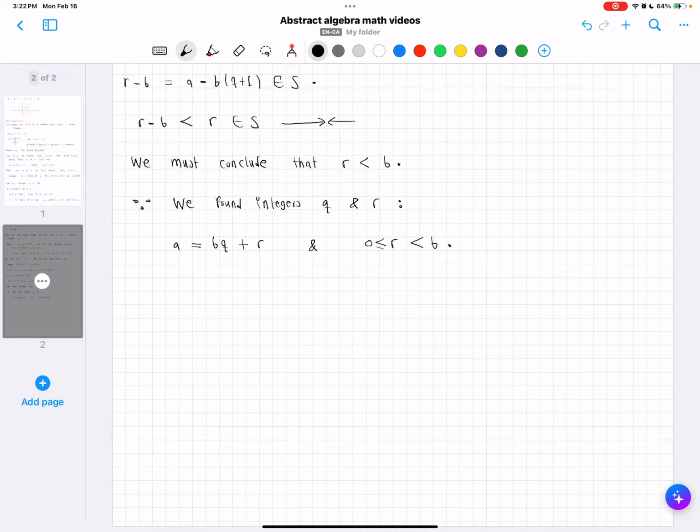So the final step that we will do is to show that this R and Q are unique.